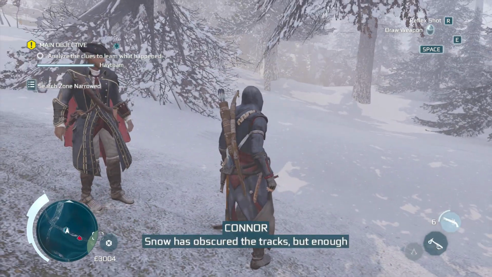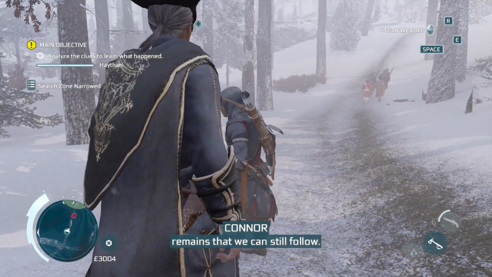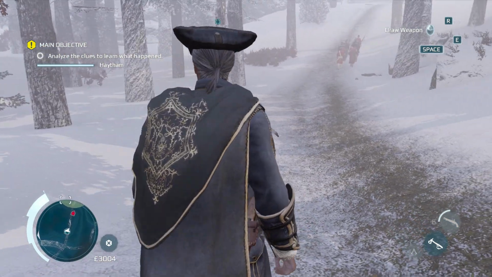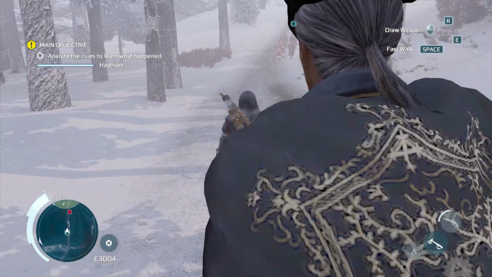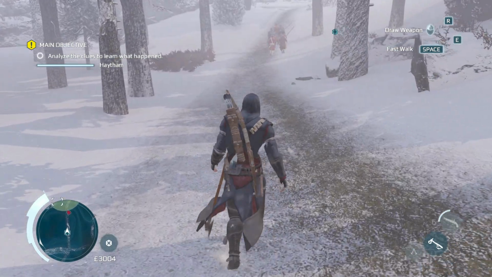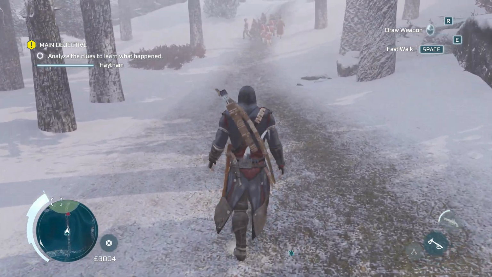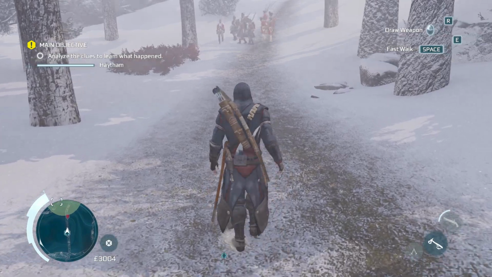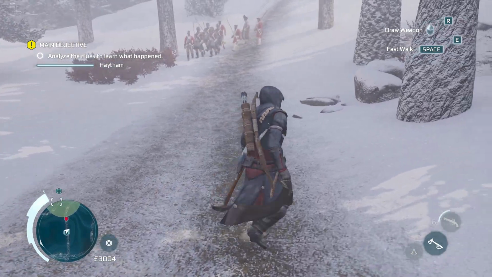Snow has obscured the tracks, but enough remains that we can still follow. How do we know those weren't the 13 troops that just walked by straight over the same tracks?